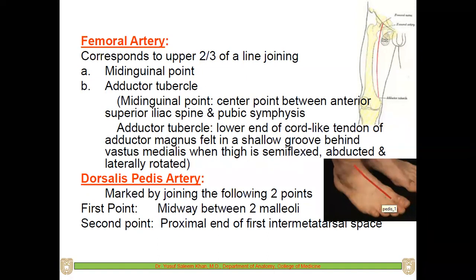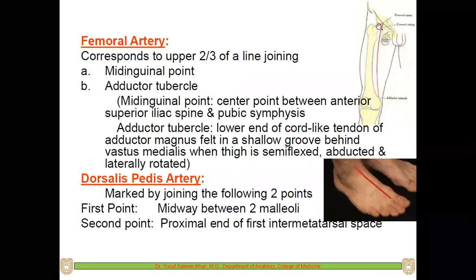It is thromboangiitis obliterans, that is called TAO, where the vessels become narrow due to some kind of disease, especially in case of excessive smoking and diabetes. So this artery cannot be felt in those conditions. So this dorsalis pedis artery is a very important artery in the foot, which is used to feel the pulsation and to see the condition of the arteries, especially where there will be blockage of the arteries.